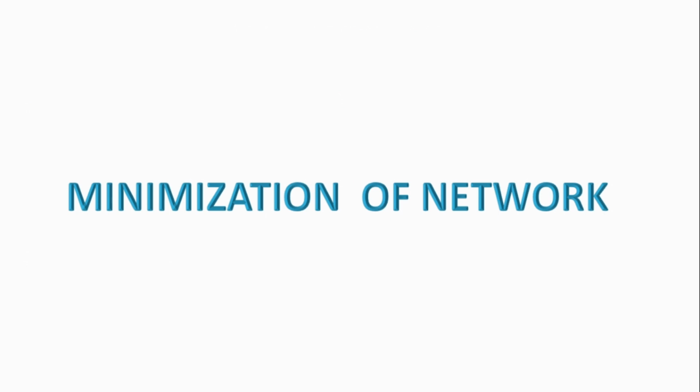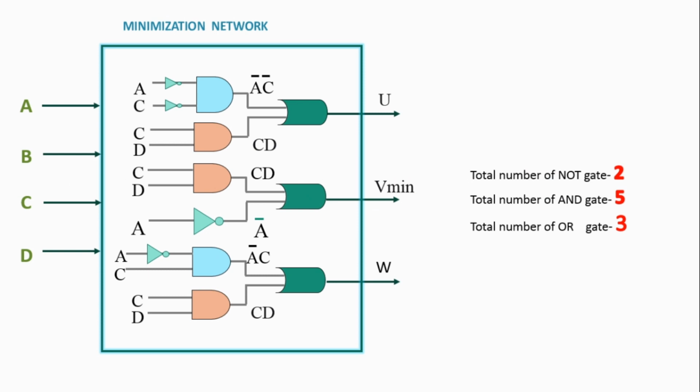In the minimization, we will reduce the excess gates. Currently there are 4 NOT gates, 5 AND gates and 3 OR gates, and it will reduce.